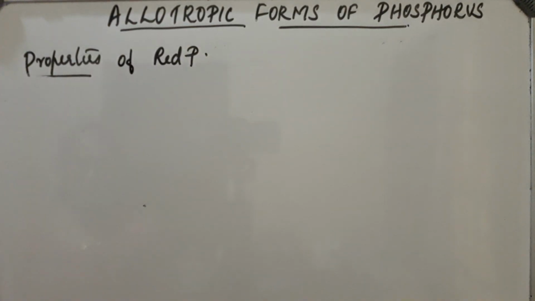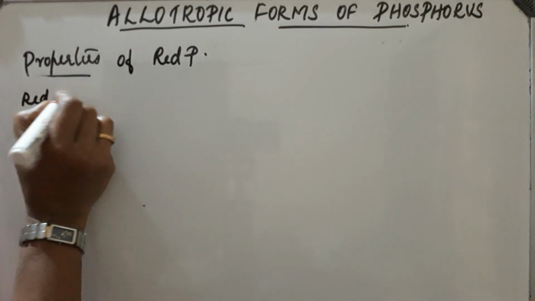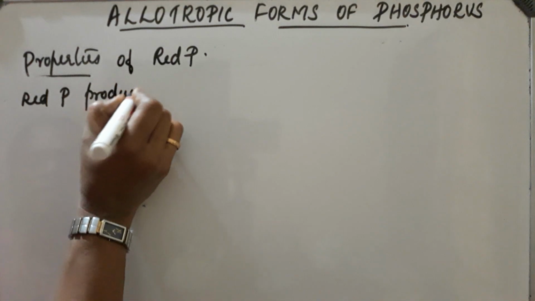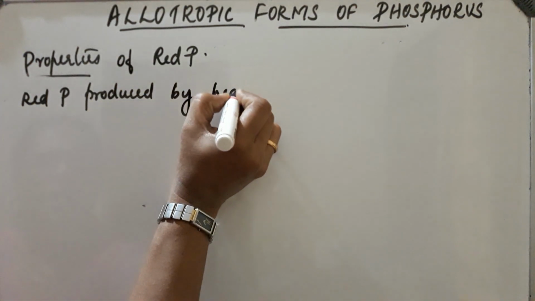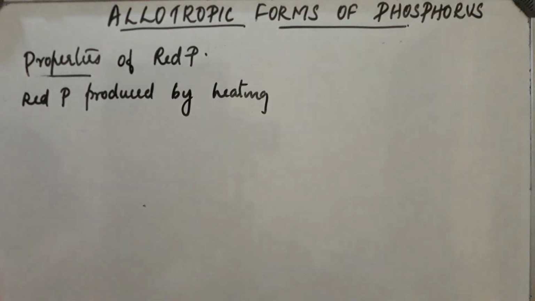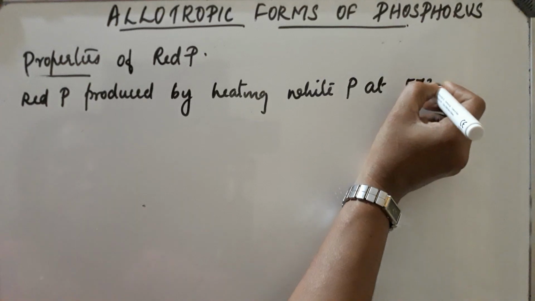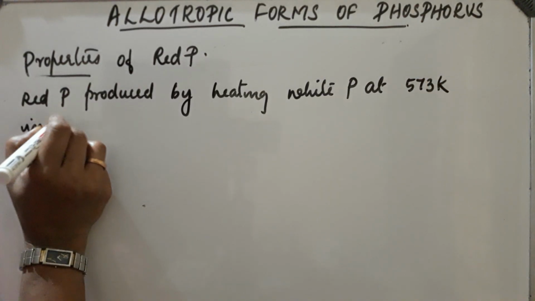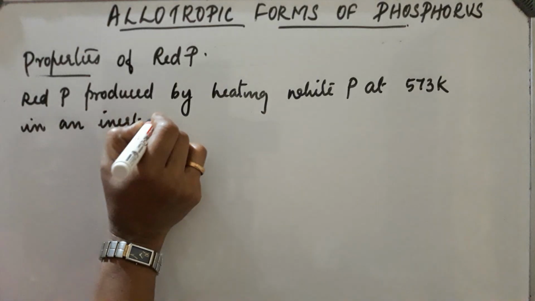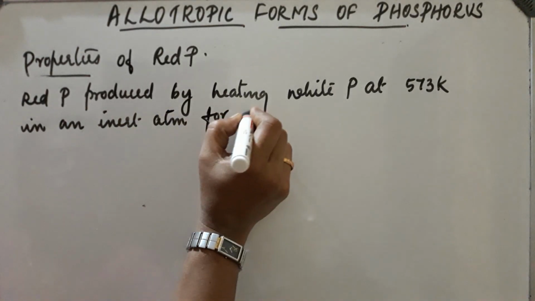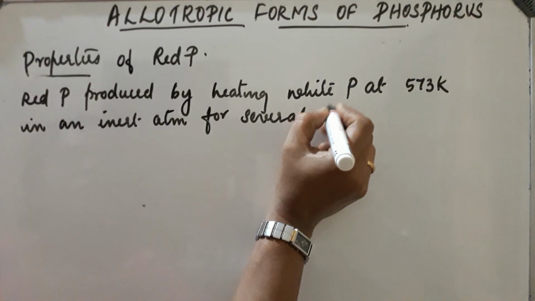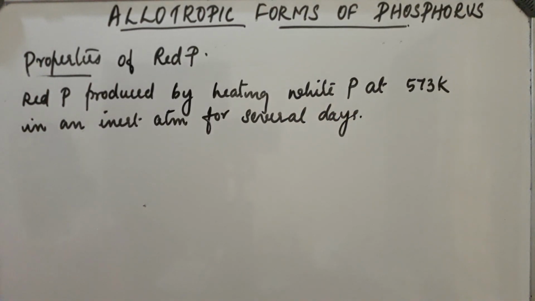It is produced by heating white phosphorus at 573 Kelvin in an inert atmosphere for several days.